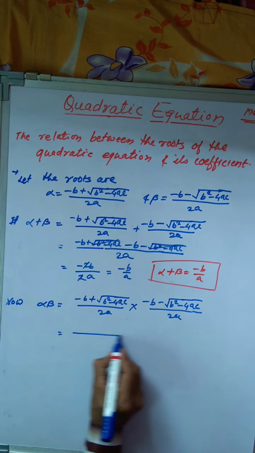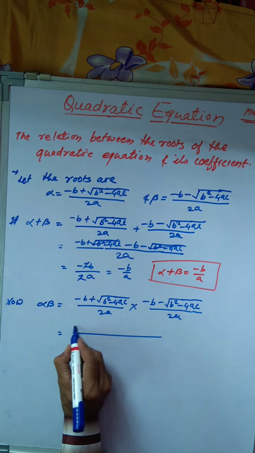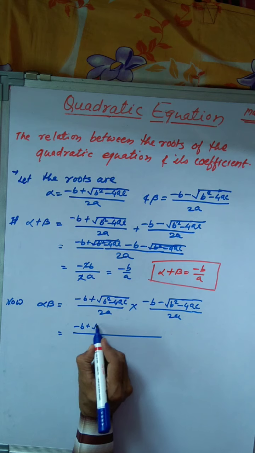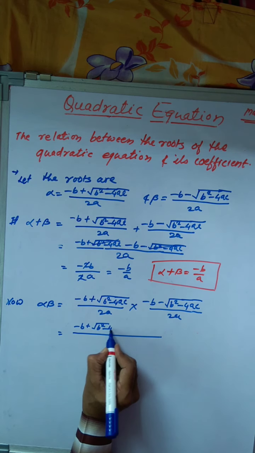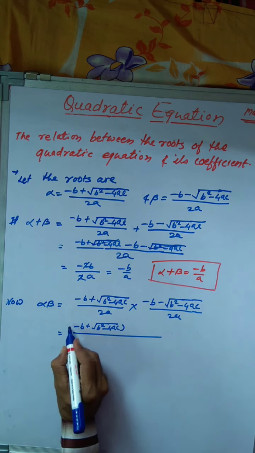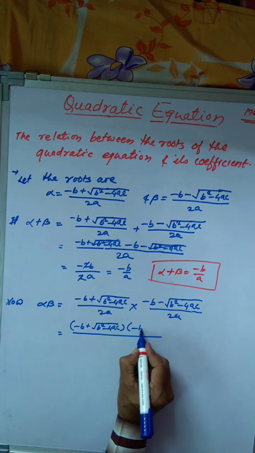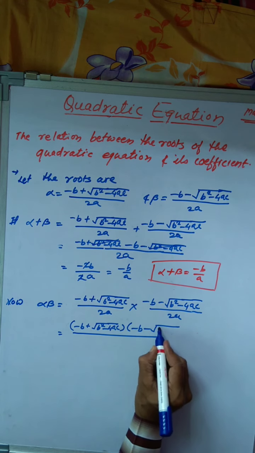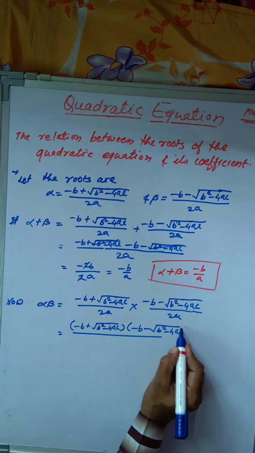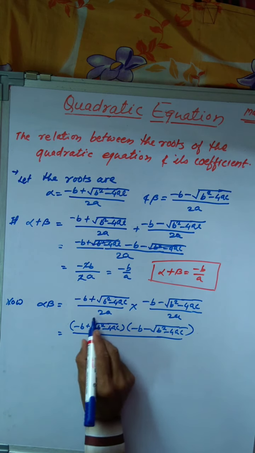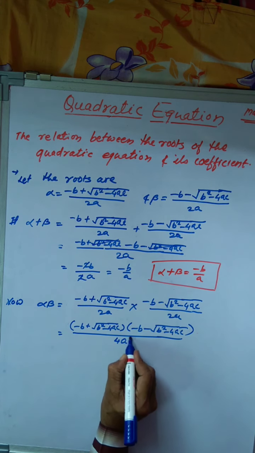The numerator and the denominator get multiplied: (-b + √(b² - 4ac)) into (-b - √(b² - 4ac)) upon 2a into 2a, that is 4a².